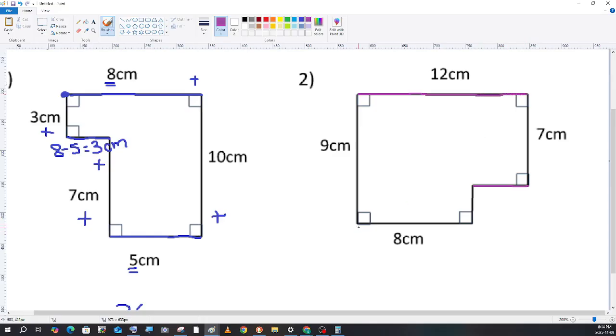We know that this side on the bottom here is 8 centimeters. So it stands to reason that if we were to add the 8 centimeter side and this unknown side together, it would equal 12 centimeters. So to find this missing side, we can go 12 centimeters. Actually, I'll just write it above here. This side in purple is going to be 12 minus 8, which works out to 4 centimeters.